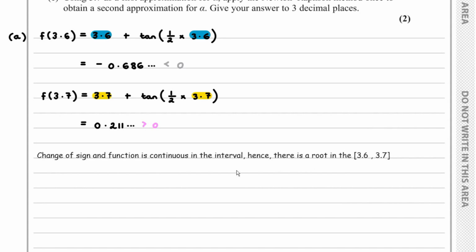And therefore, as we have a change of sign, from negative to positive, and the function is continuous in the interval, we can conclude that there is a root in the interval 3.6 to 3.7.